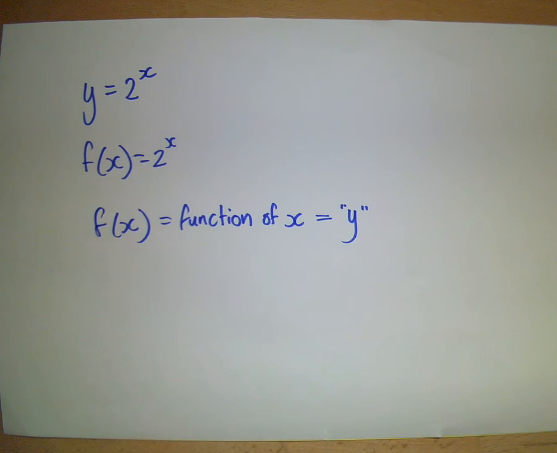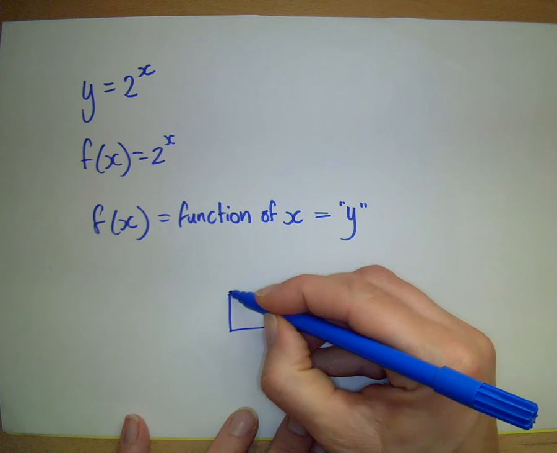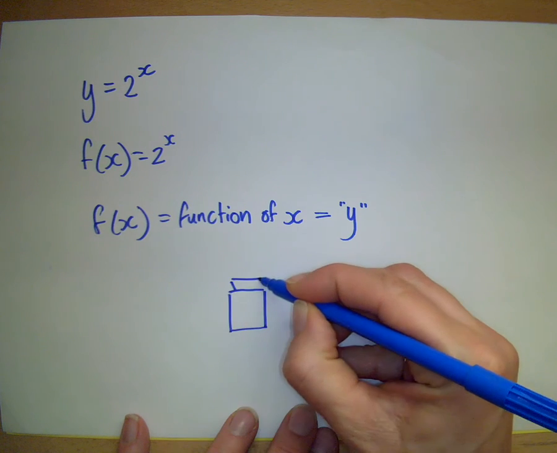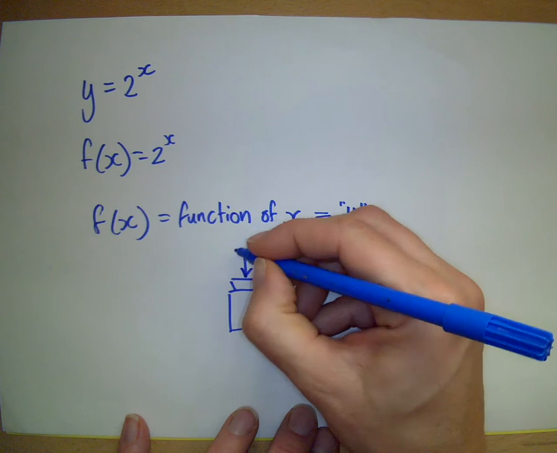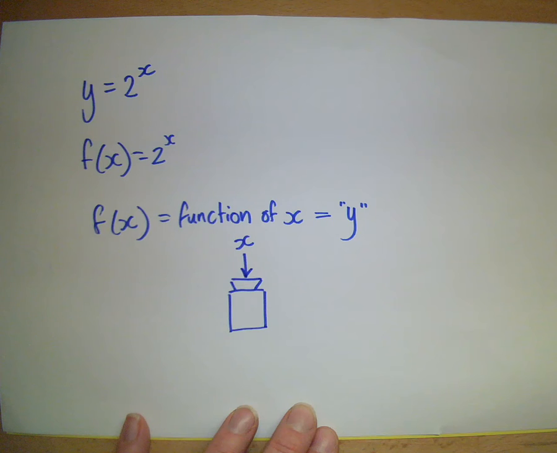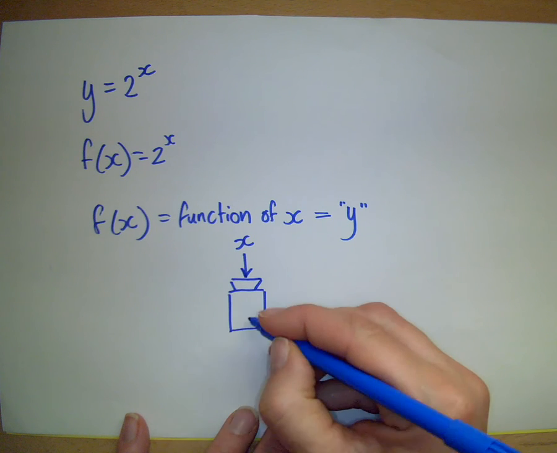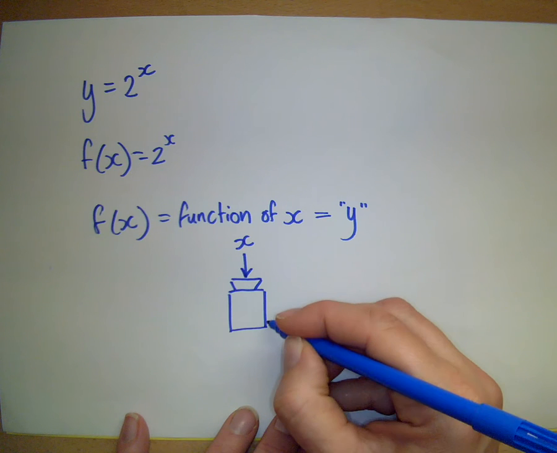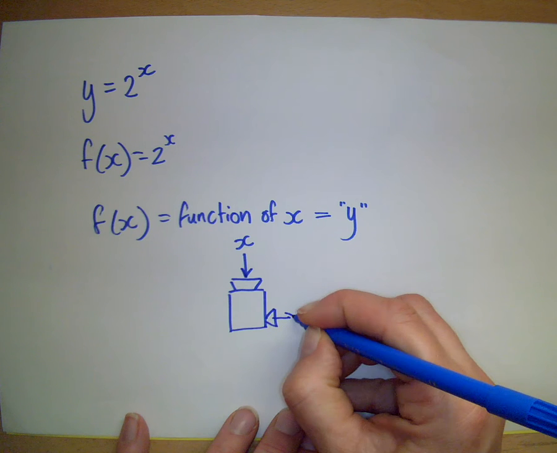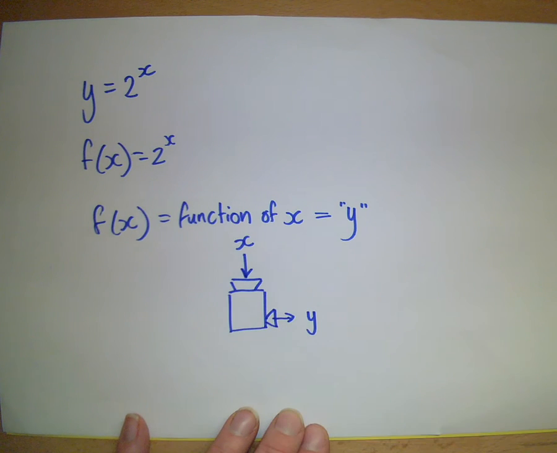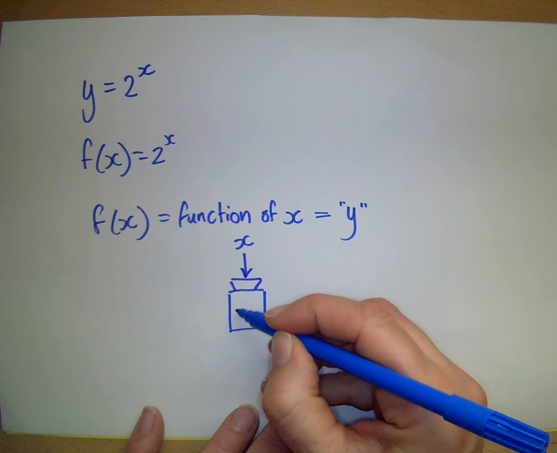Okay, and a function, I like this image of a function. A function is just a machine, right? We put x into the function, something magical happens to it, or something secret, you don't know, it's inside the box, and then there's this exit. Something comes out, and it's called y. And the function can be anything.